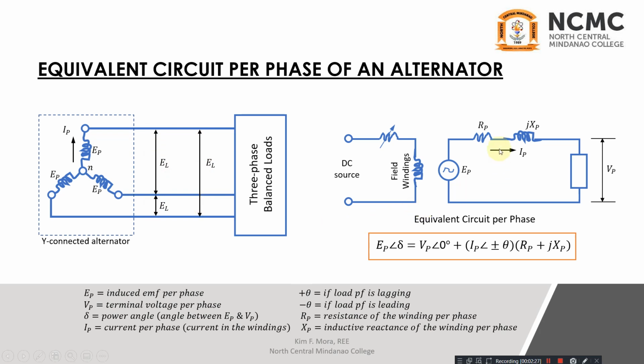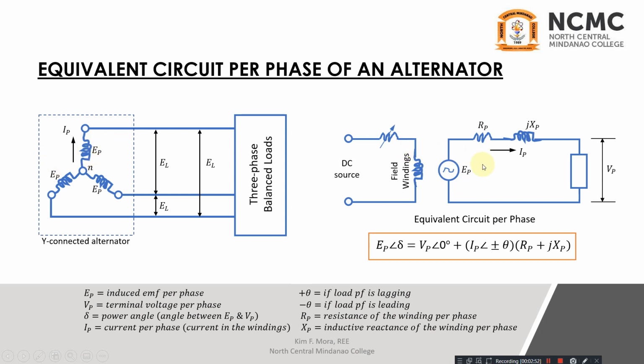Then this is its equivalent circuit in per phase, no? Kung magwa tag isa ani, this is one phase, no? Kaduha din ikatulo. So magwa tag isa lang ani nila, then mo ni siya iyahang equivalent circuit per phase. So we have this DC source, this field windings, no? Natay EP nato, no?